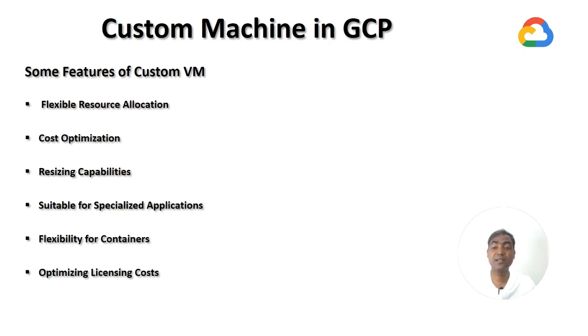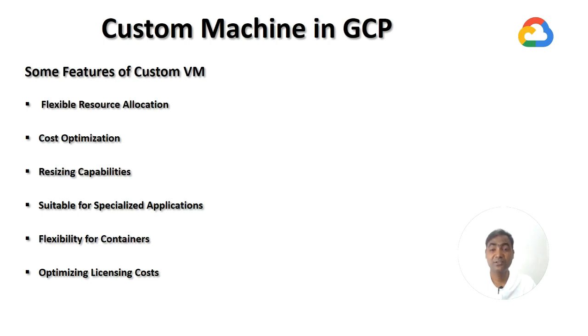If you have a software license that is based on the number of vCPU or amount of memory, custom VMs allow you to match the license requirement closely and potentially reduce license cost. You can save your budget.